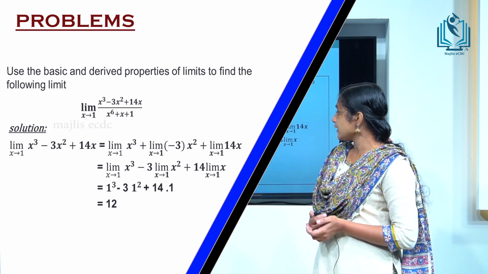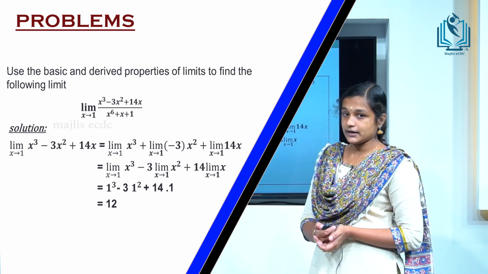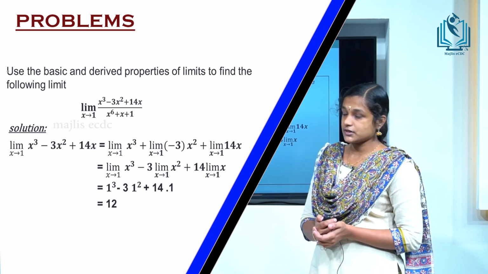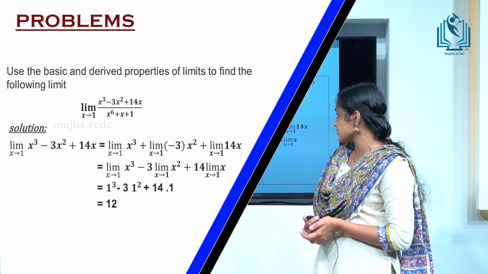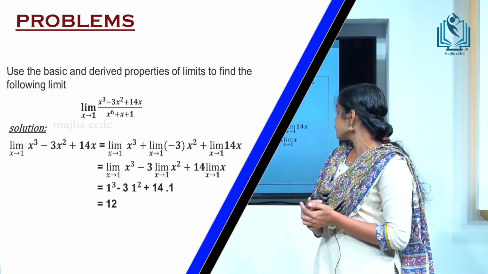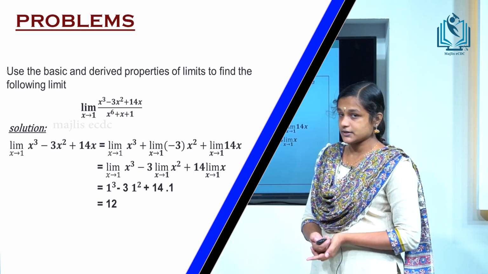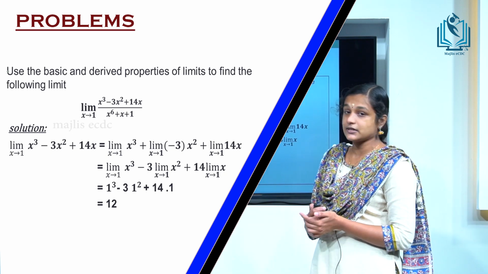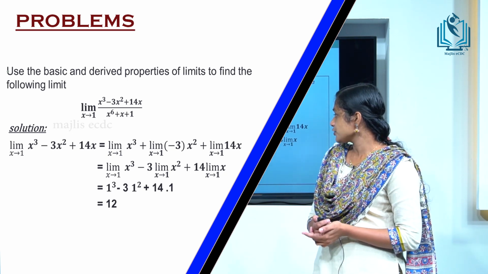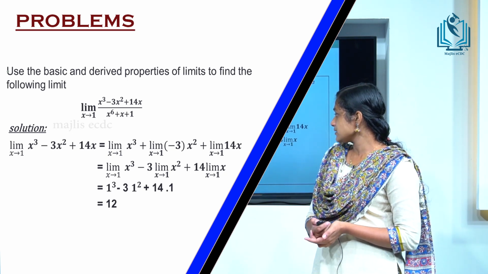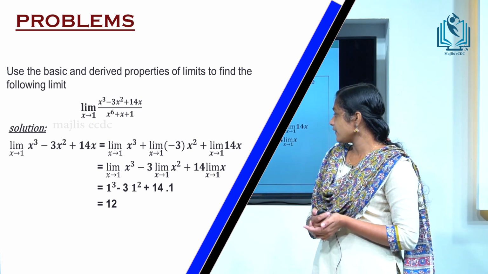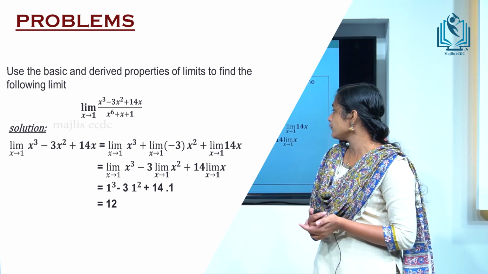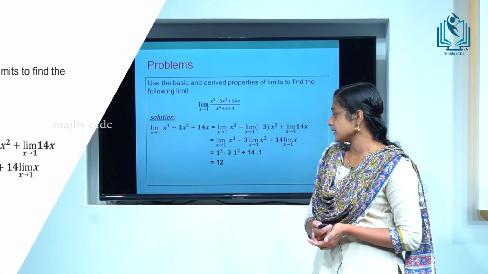Then minus 3 is a constant, so minus 3 gets outside, minus 3 times limit as x tends to 1 of x square. 14 is a constant, so 14 gets outside, 14 times limit as x tends to 1 of x, equal to 1 cube minus 3 times 1 square plus 14 times 1. That means 1 is substituted for the value of x. Then the final answer is 12.